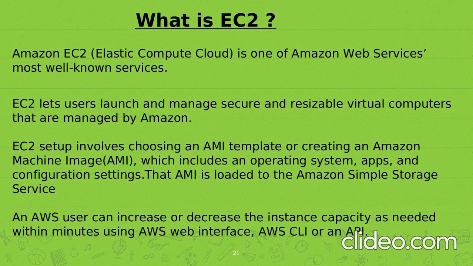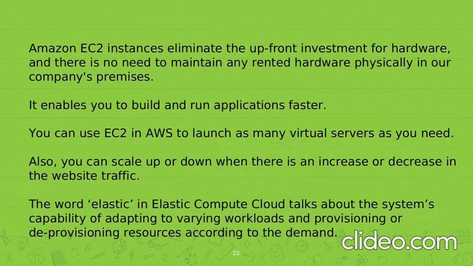Amazon EC2 eliminates the upfront investment for hardware, and there is no need to maintain any rented hardware physically in our company's premises. It enables you to build and run applications faster, as now our focus is on application building and not on purchasing or managing the hardware.